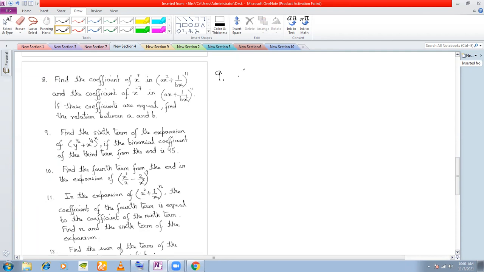Okay, so first let us write down the given expression. Given expression here is (y to the power of half plus x to the power of 1/3) whole to the power of n.